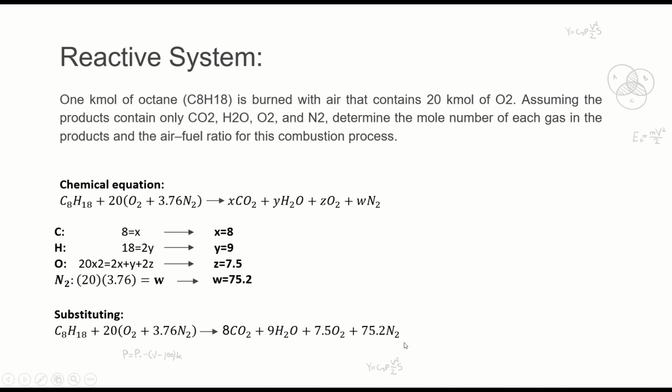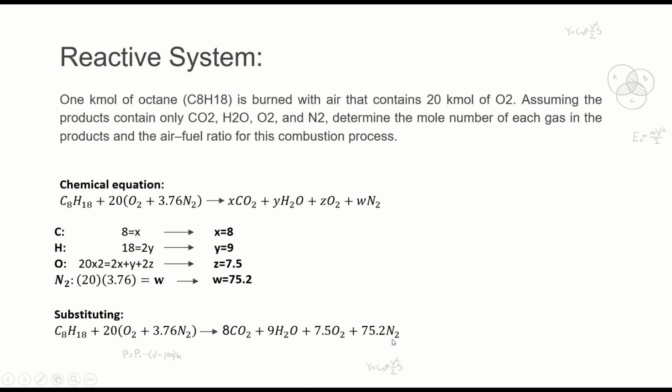As we can see in this part, we replace each unknown with its corresponding number. So octane plus 20 oxygen plus 3.76 N2 nitrogen goes to 8 CO2 carbon dioxide plus 9 H2O water plus 7.5 oxygen plus 75.2 nitrogen.